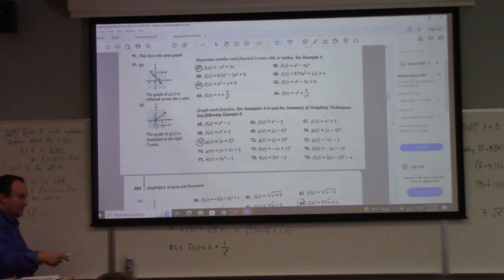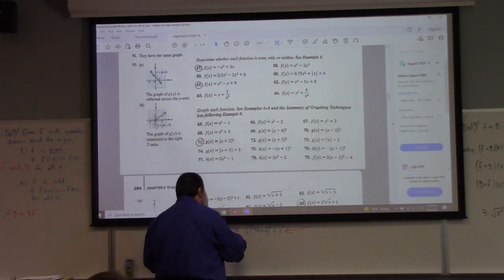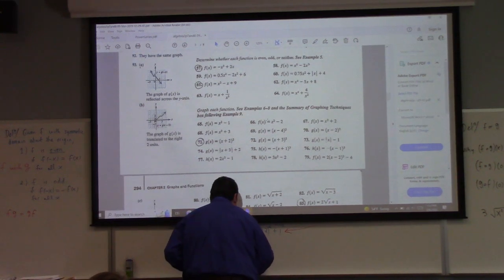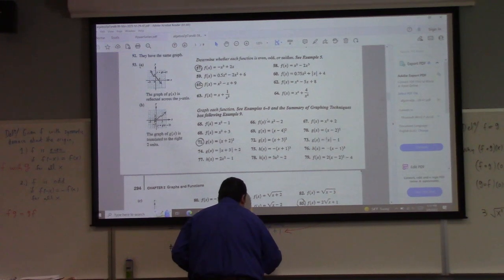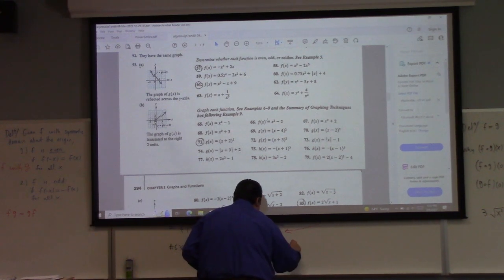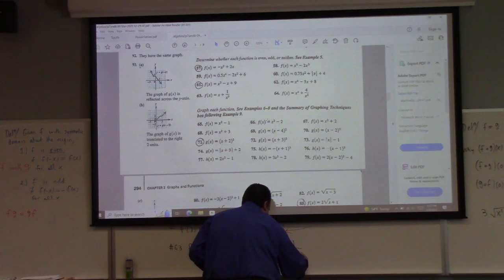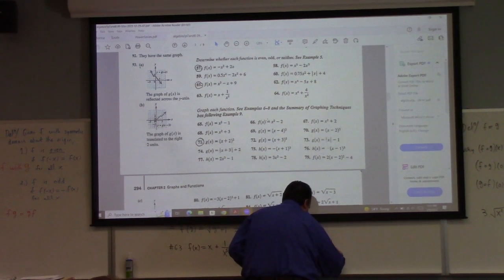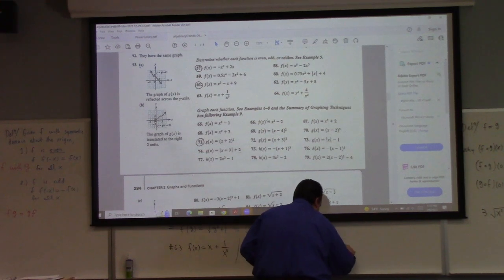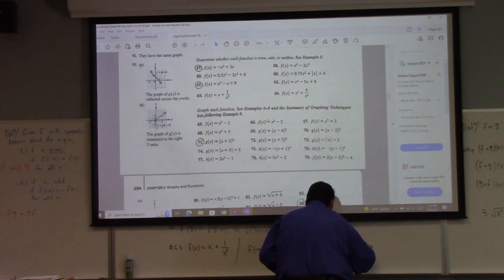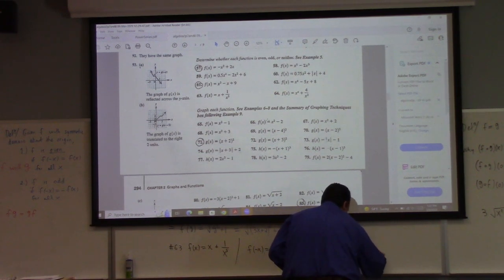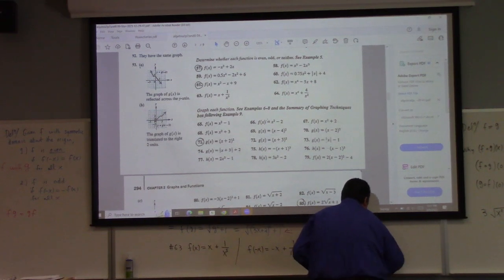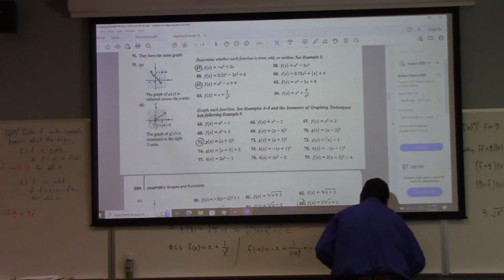And why do you say that? Because it's odd powers. That actually turns out to be true, but let's find out why. f of minus x is minus x plus 1 over minus x to the 5th power, right? But that is minus x minus 1 over x to the 5th. So you can factor out that minus 1 and write that as x plus 1 over x to the 5th, which of course is equal to minus f of x.